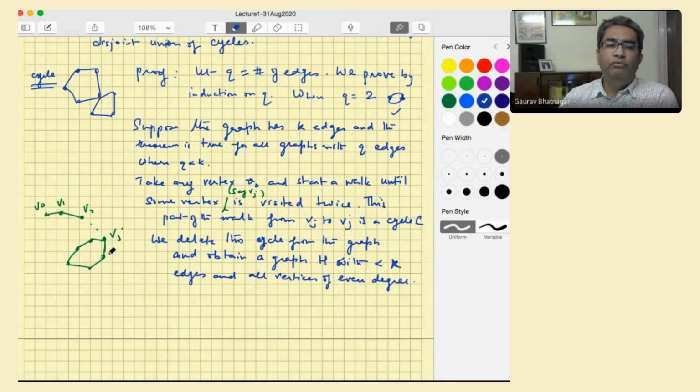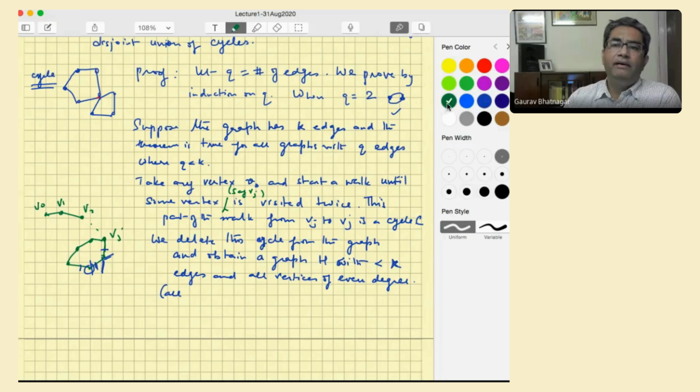So what do I mean by remove this guy? Suppose there is something else in the graph; if it's even degree, then there may be two more edges over here, 2 or 4 or whatever. Then I just delete these edges. But if this vertex has degree 2, then I just delete these two edges and the vertex. Whatever I get will be a graph which has a lesser number of edges, and again all vertices will be of even degree.